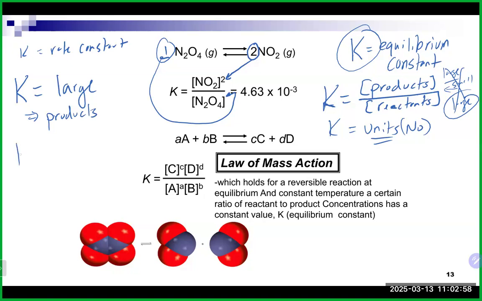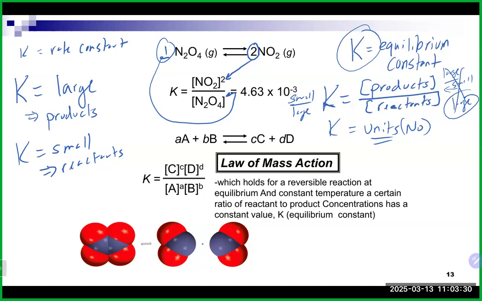Same thing if you have a small value of K. Thinking about it mathematically, the only way to get a small value is to have a small value on top and a larger value on the bottom. That would mean I would mainly have reactants present. There are absolutely different degrees of that. You could have really large K values where the reaction is still reversible but pretty much all goes to the product side.